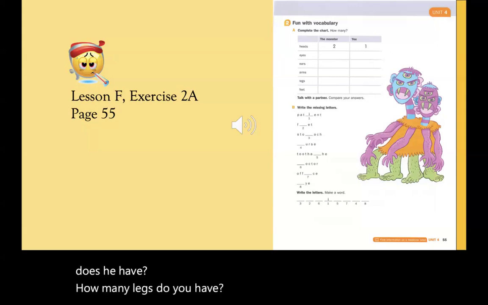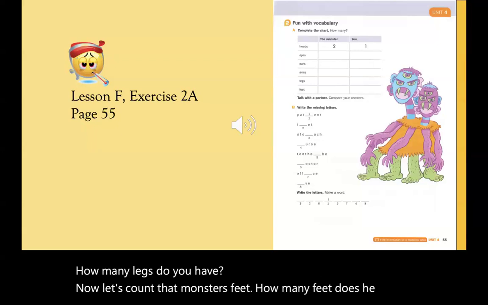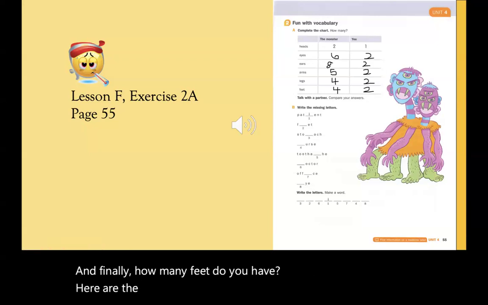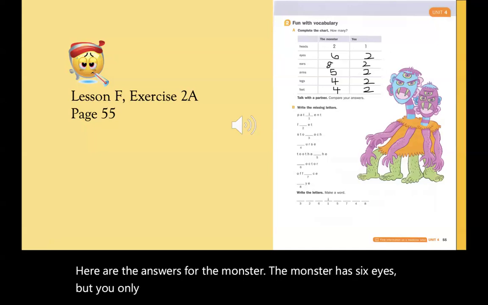Now, let's count the monster's feet. How many feet does he have? And finally, how many feet do you have? Here are the answers for the monster. The monster has 6 eyes, but you only have 2 eyes.